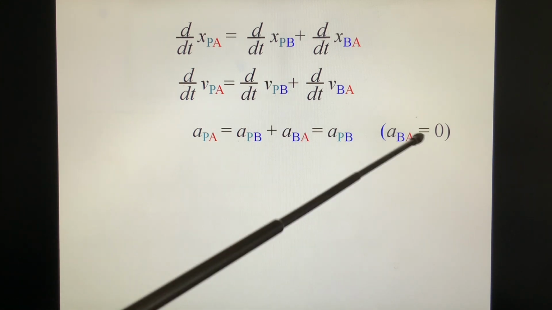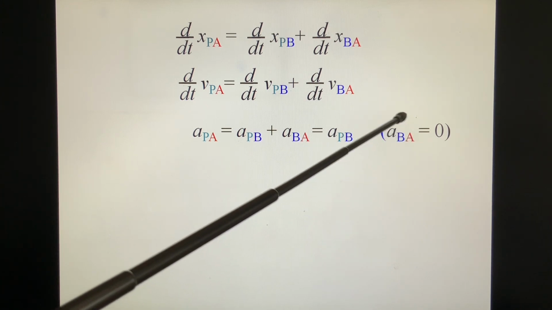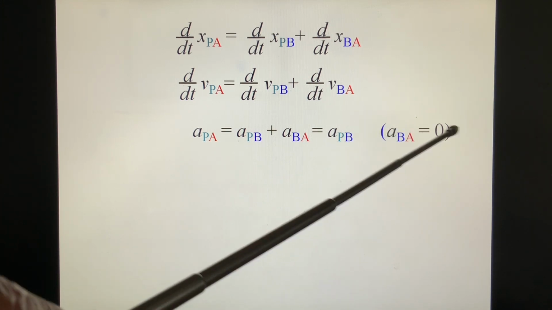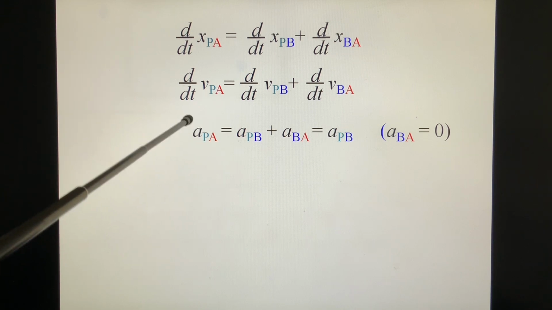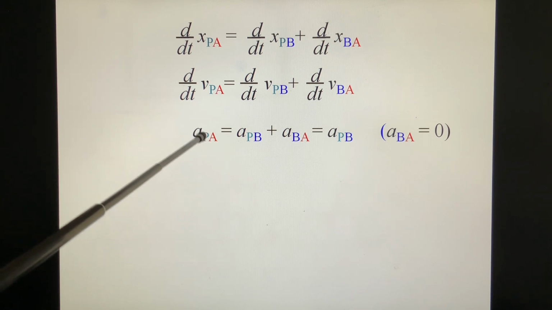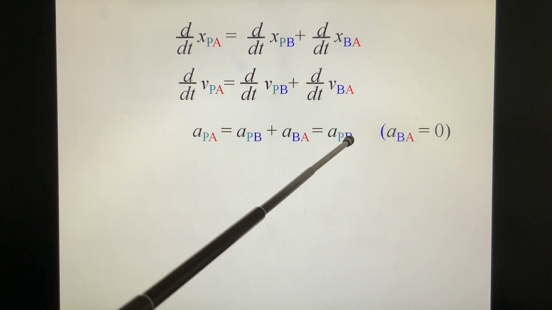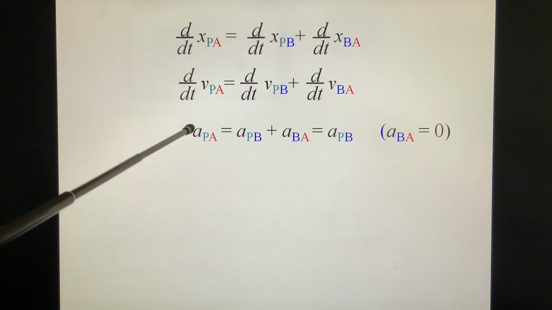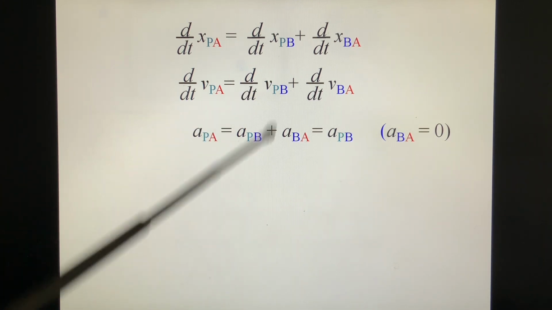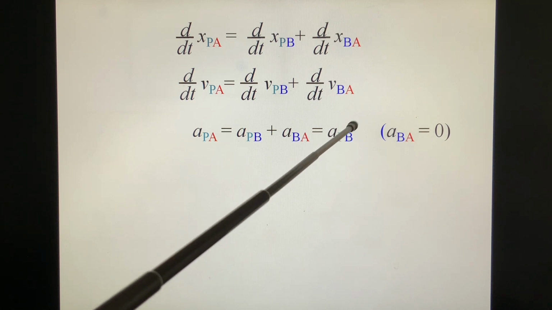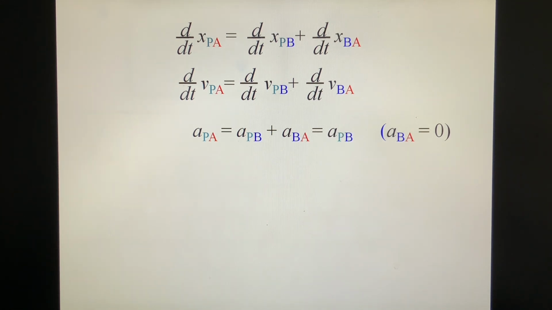So aBA is 0, and we have aPA equals aPB. What does this mean? This means the acceleration of P in frame A is equal to the acceleration of P in frame B. We will have an example to prove it.